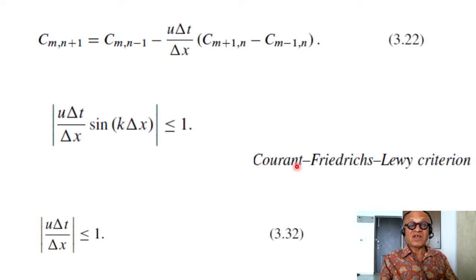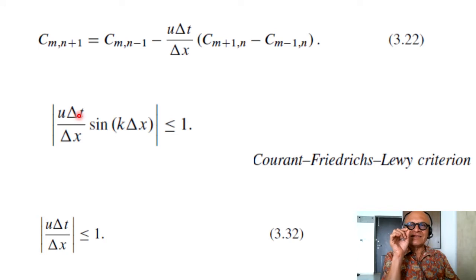This paper was in fact published in 1928, way back when, almost 100 years ago. They realized that numerical solutions can have such instabilities, and some criterion is needed to suppress instabilities, which basically boils down to how fast you can integrate. Remember, we want multiple things.